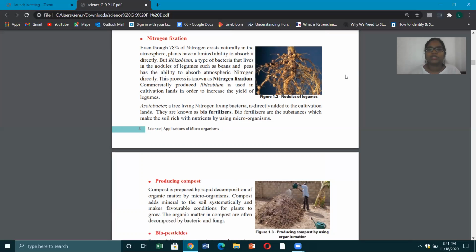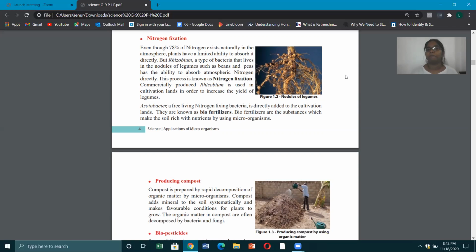Children, even though 78% of nitrogen exists naturally in the atmosphere, plants have a limited ability to absorb it directly. The percentage of nitrogen in the atmosphere is really high, super huge.